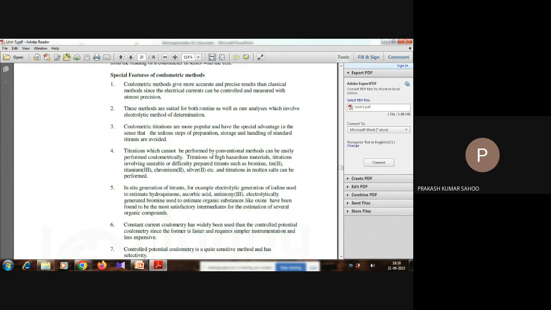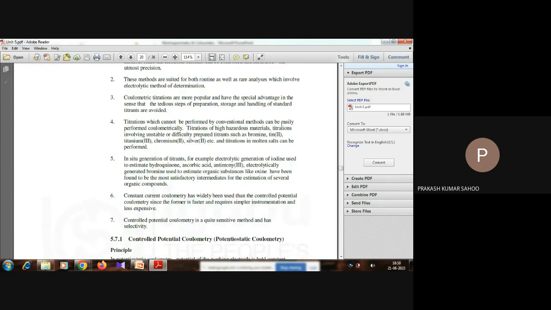Titrations which cannot be performed by conventional methods can be easily performed by coulometry. Titration of hazardous materials, or titrations involving unstable or difficult-to-prepare titrants such as bromine, tin 2, titanium 3 in molten states, can be performed.